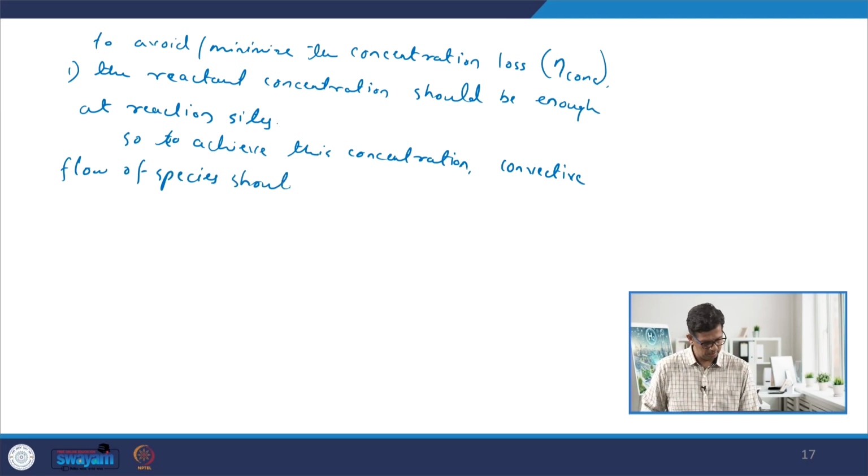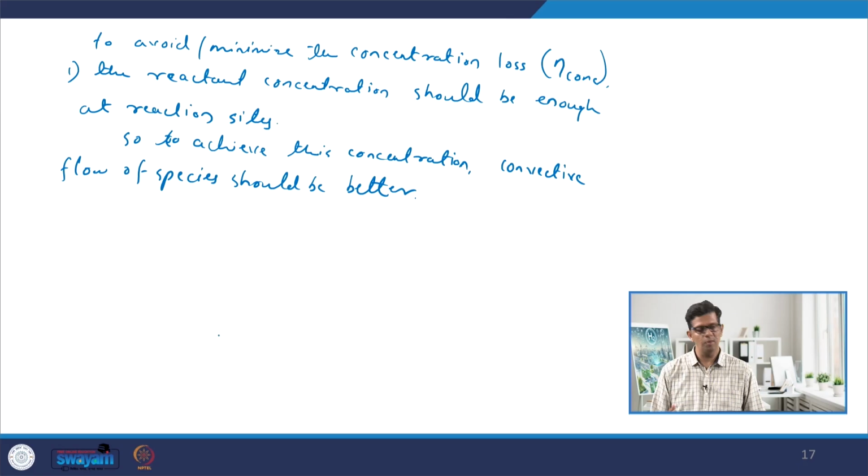In other words, as we have seen before, the diffusion layer thickness decreases with the increase in the convective flow of the species, and if the delta decreases, the limiting current density will also increase.